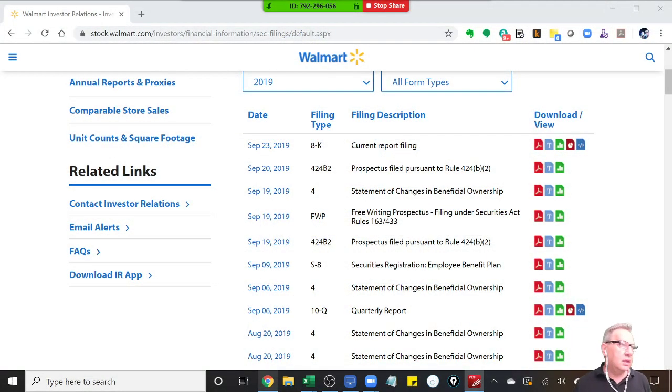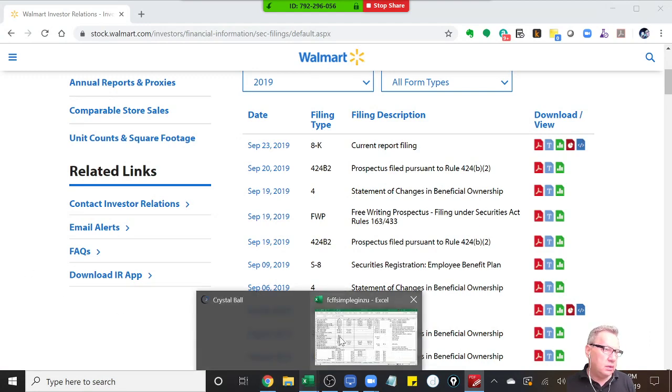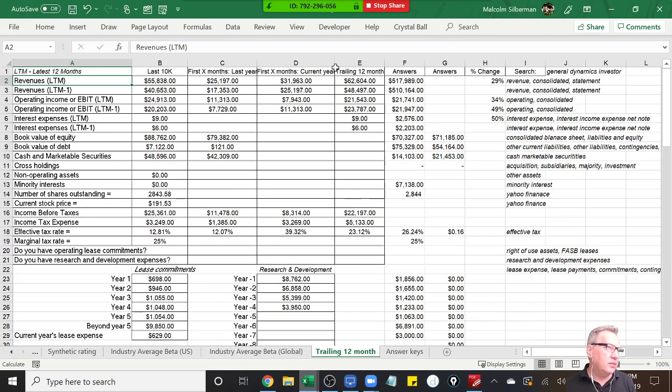So if we come back to our spreadsheet, you'll see right here that exact formula: B2 minus C2 plus D2. B2 is the last 10K, minus C2, the first X months of last year, plus D2, the first X months of the current year.